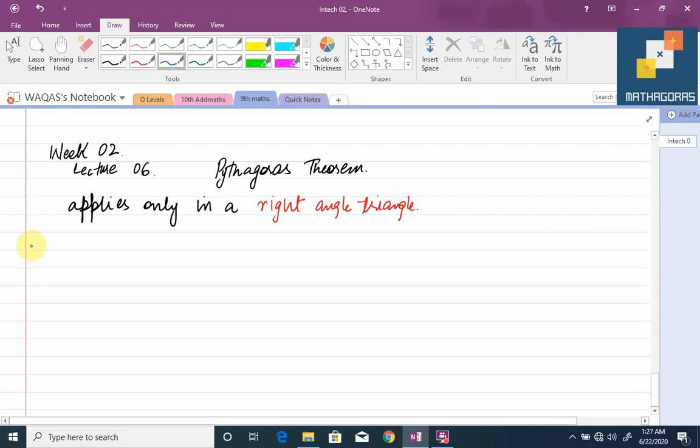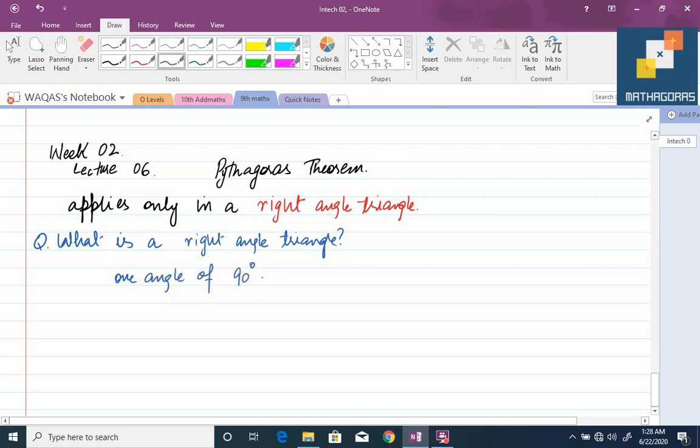Now the question arises, what is a right angle triangle? The answer is a triangle with at least one angle of 90 degree.